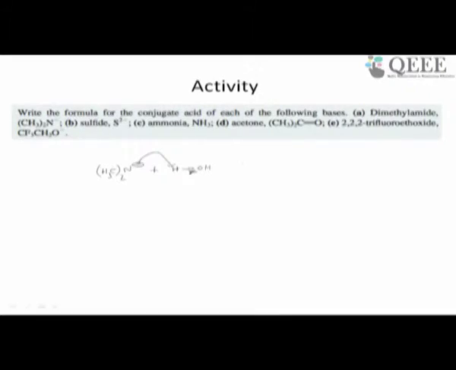If it abstracts a proton, then you will get (CH3)2NH plus OH minus. So you can say this is the conjugate acid, the addition product. Similarly, you can write for ammonia, acetone and everything.